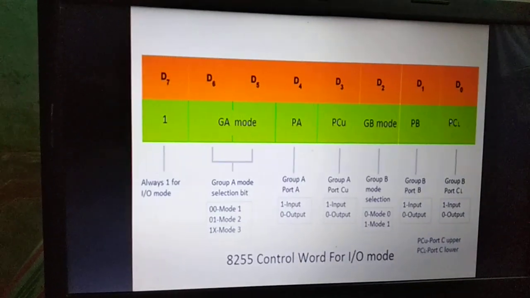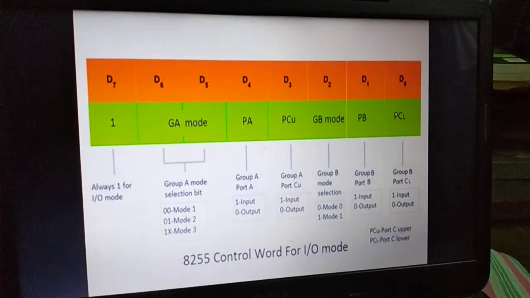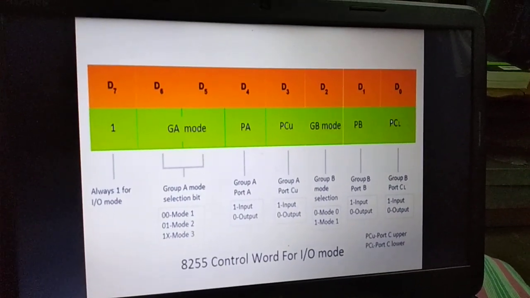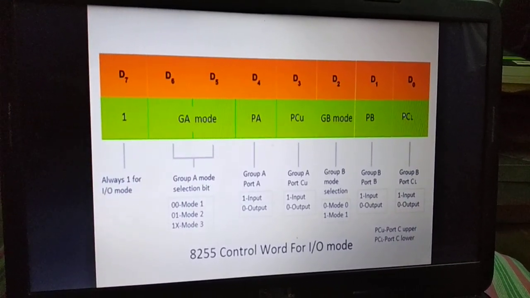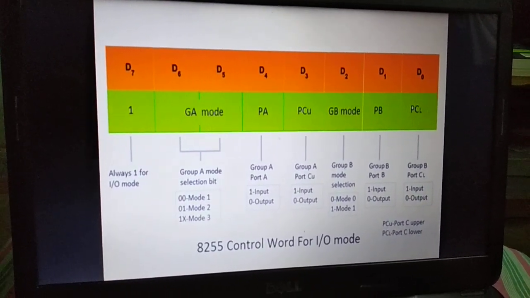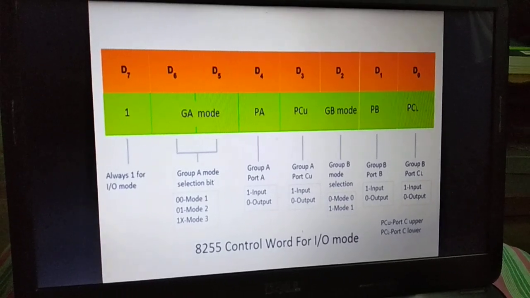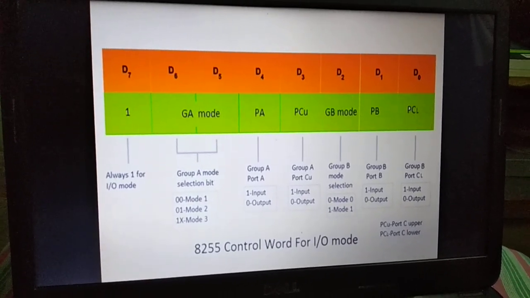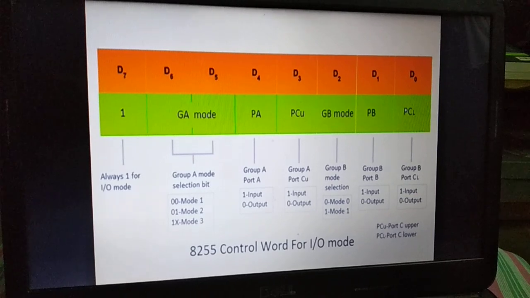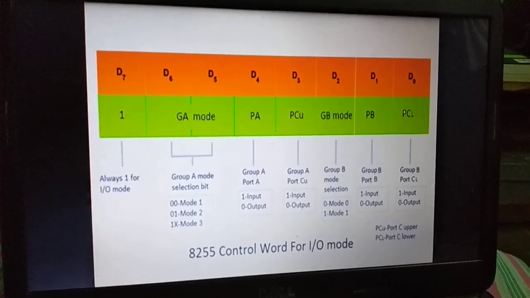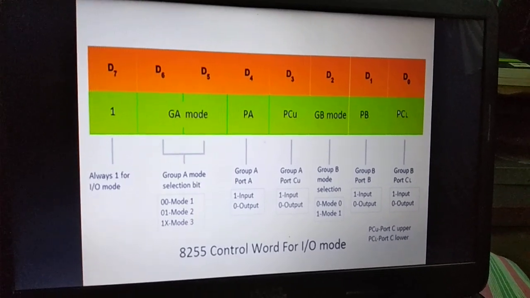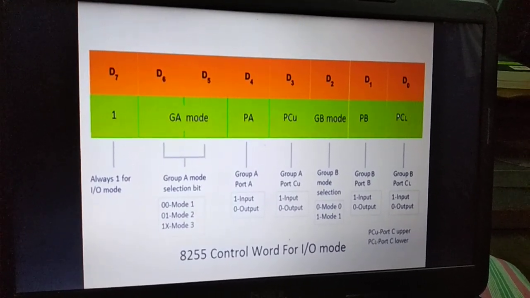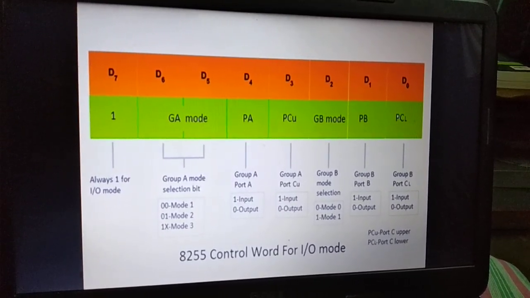In IO mode, to tell that it is an IO mode, the most significant bit will always be 1. The first bit is used to tell whether port C lower is used for input or output. If it is for input, it will be 1, otherwise it will be 0. Similarly, D1 is used for port B selection, D3 is used for port C upper selection, and D4 is used to tell whether port A is used for input or output.